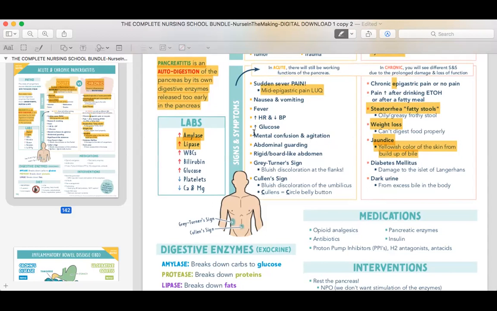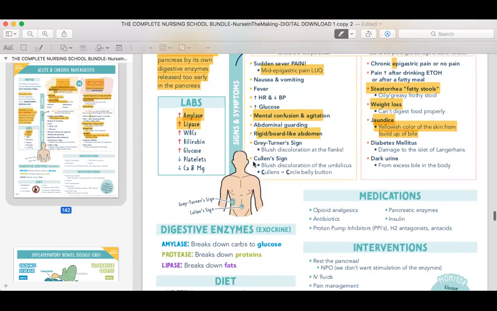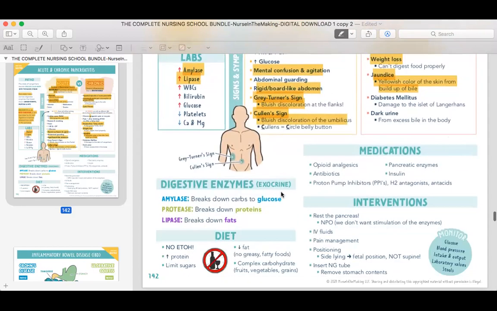That's important to know. Rigid, board-like abdomen. I've seen this on ATI for sure. You have to know that. You have to know Cullen sign, which is bluish discoloration of the umbilicus right here. It does show up on ATI, so please make sure you know that. And the Turner sign, bluish discoloration at the flanks. Please make sure, these are important to know for ATI.